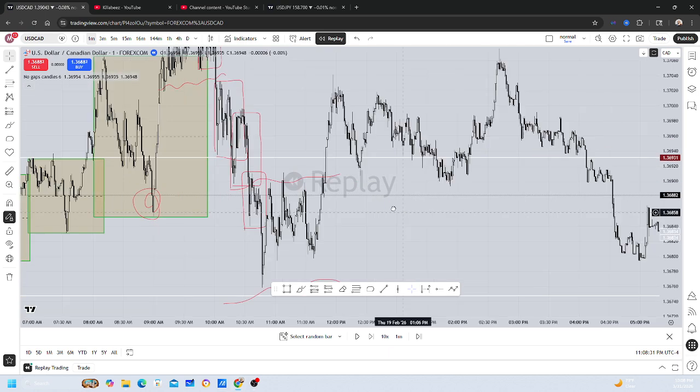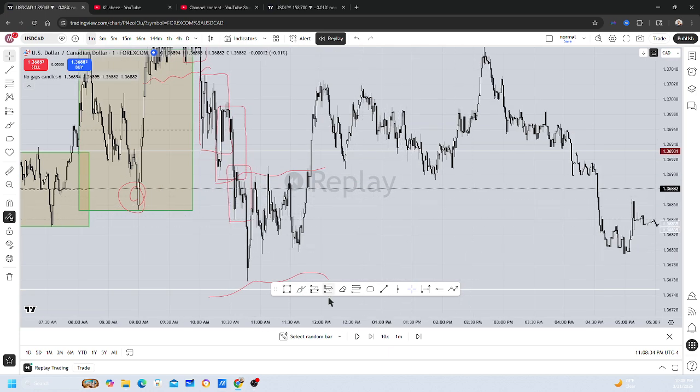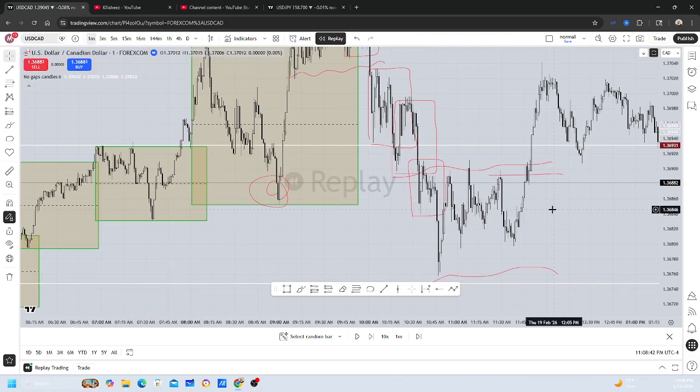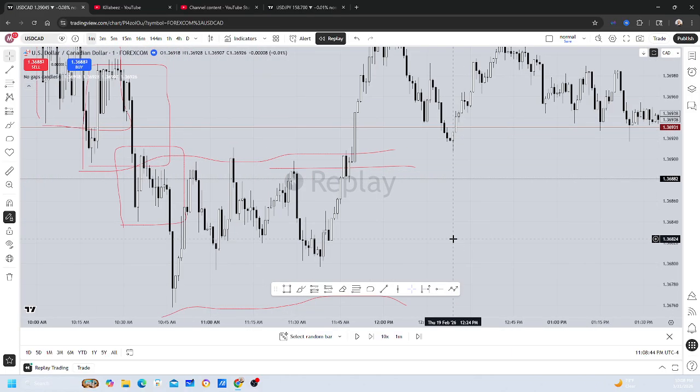So now let's count the swings in the other direction. Hold on. All right, let's count the swings in the other direction. Let me use this. This is one swing. Oh God, man.